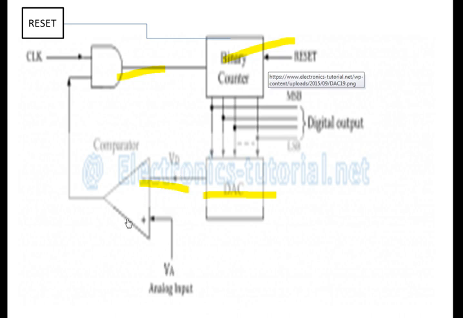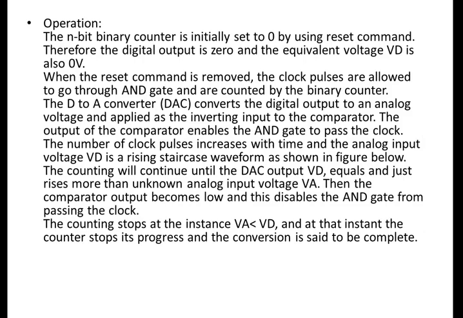According to that, the comparator will give either a high or low output, which is given to the AND gate, and according to that the binary counter will increment or decrement the count. So this is the working of the counter type A to D converter. The n-bit binary counter is initially set to 0 by using the reset command.